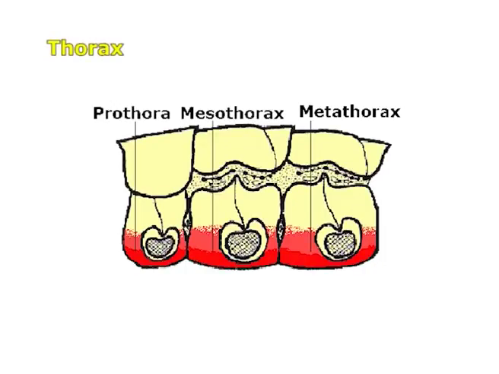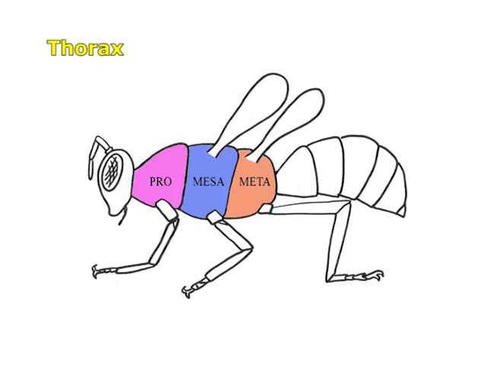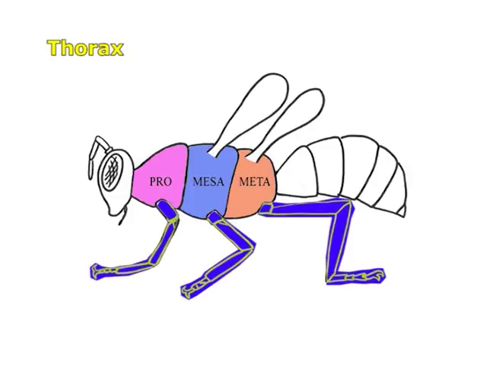Thorax consists of 3 segments, that is, prothorax, mesothorax and metathorax. All of the thoracic segments possess a pair of legs and meso and metathorax possess 1 pair of wings.